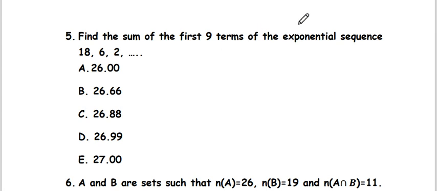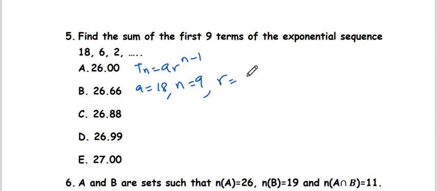The word exponential sequence is the same as GP, and the nth term of a GP is given by a r raised to power n minus 1. Our a in this case is 18. Our n is 9. And our common ratio is the second term divided by the first term, 6 over 18, that's 1 over 3.